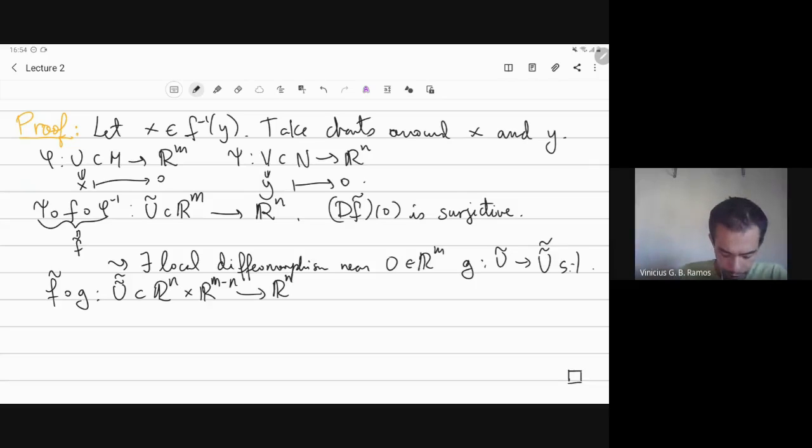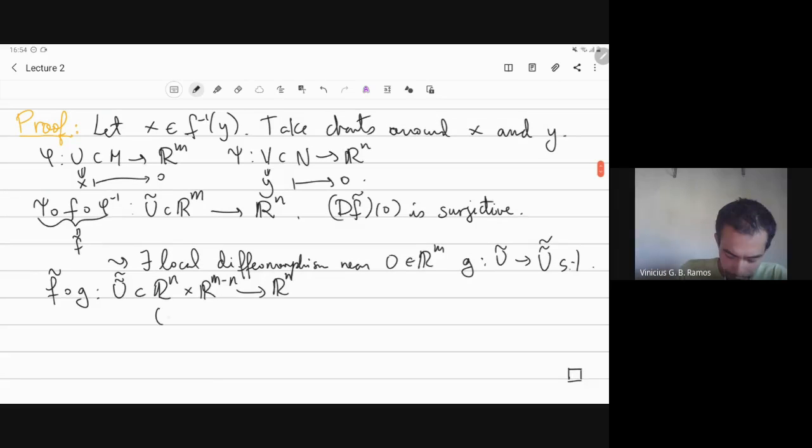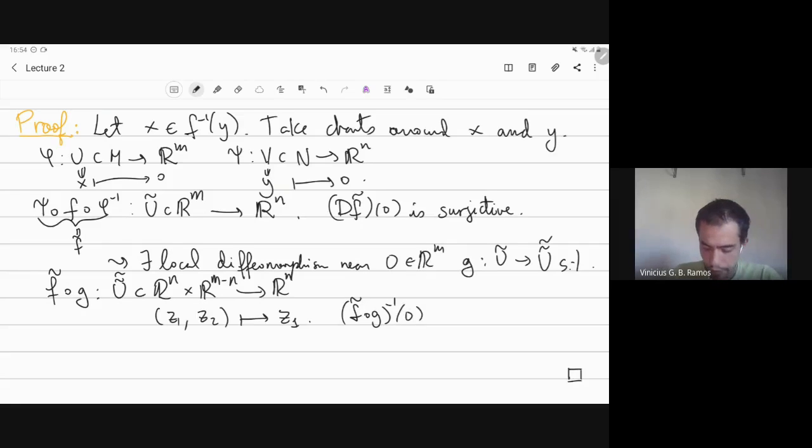And this function takes z1 and z2 to z1. So that means that when this is 0, that corresponds to the pre-image of y. So when I look at the pre-image of 0, that corresponds to the pre-image of y.